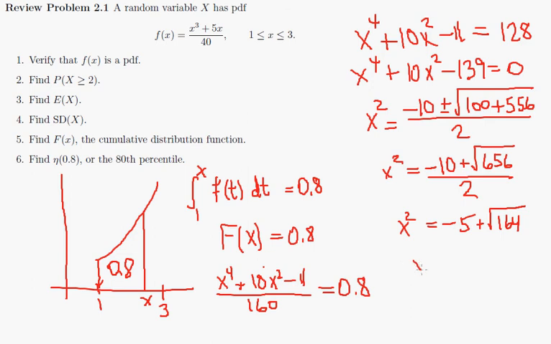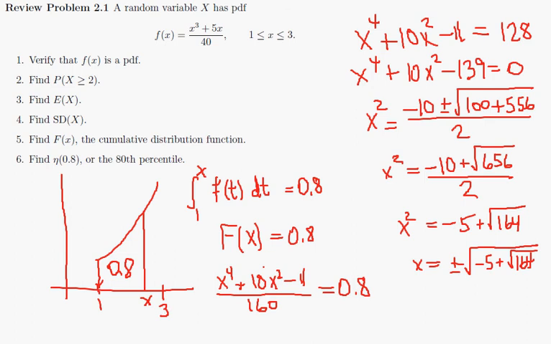Okay, then finally to solve for x, we get x is equal to, well, if x squared is equal to this, then x is equal to either plus or minus the square root of negative 5 plus the square root of 164. Now once again, which is it, plus or minus? Well, in this case it has to be plus. The reason is because x must be something between plus 1 and plus 3 in my picture.